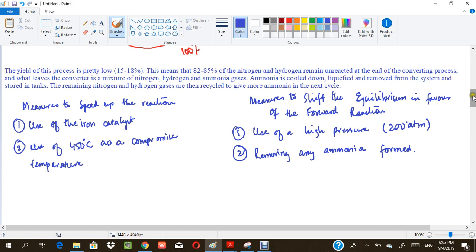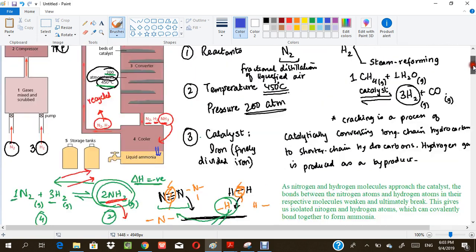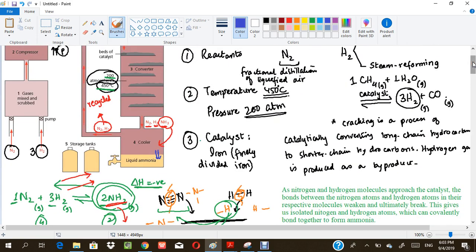So that's all about the Haber process. Ammonia is formed. This ammonia is then sent to the relevant industries where it's used for multiple processes. A vast majority of ammonia is used in making fertilizers. Why do we need ammonia for fertilizers? The answer is that a good fertilizer contains a high content of nitrogen. Nitrogen is an essential component of proteins.